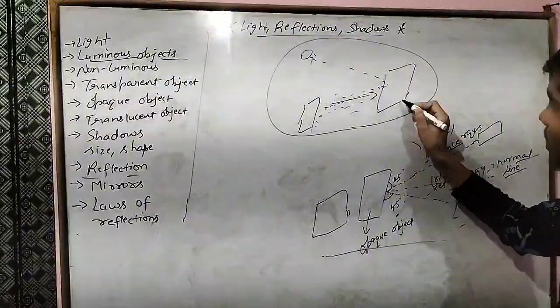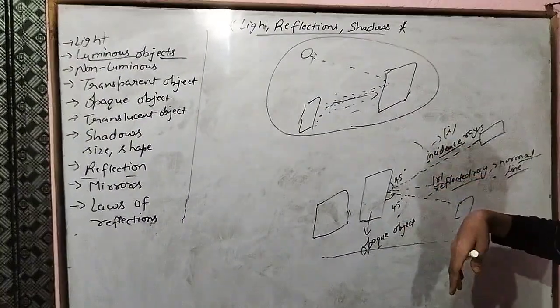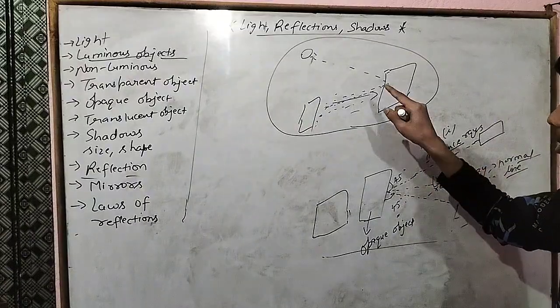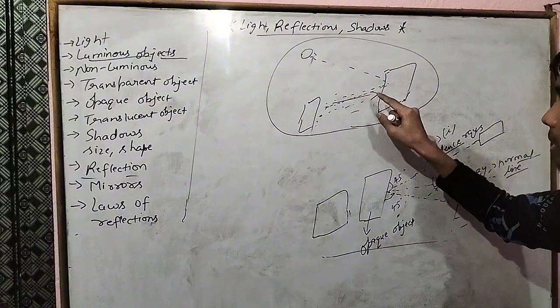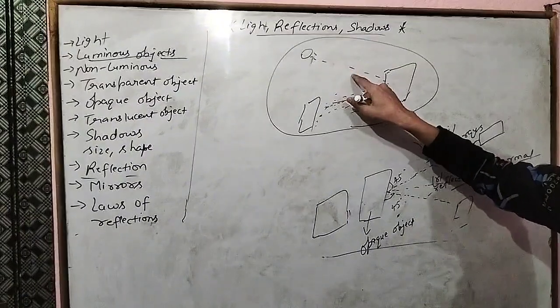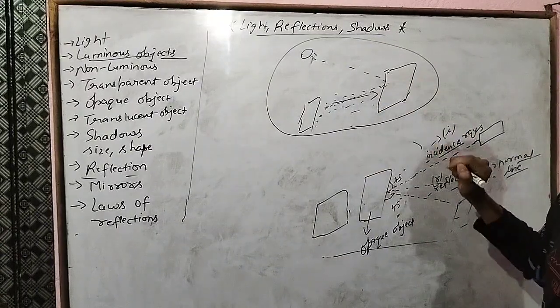So here behind this mirror we see a painted area with silver paint. That painted area does not allow the light to pass. That's why it is said a mirror is an opaque object.